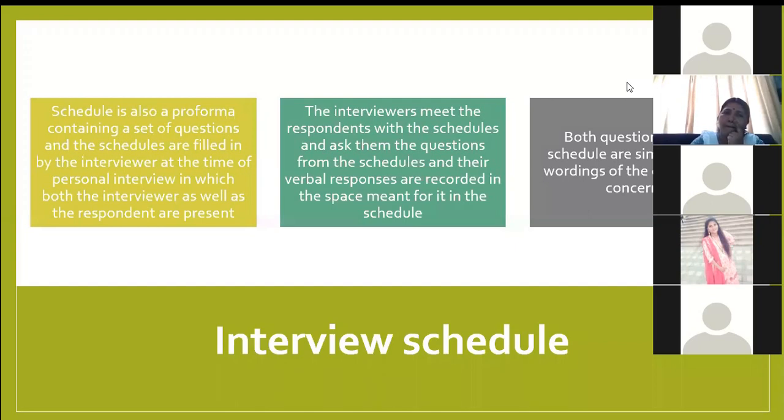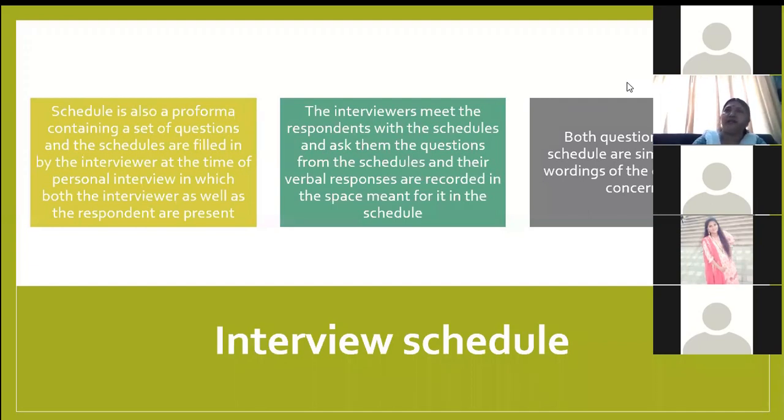Most often in social science research, we may use an interview schedule, because if we are using an interview schedule, we can directly meet the respondent and understand the socioeconomic background of the respondent. Apart from direct answers to the questions, we can obtain many kinds of information about the respondent.